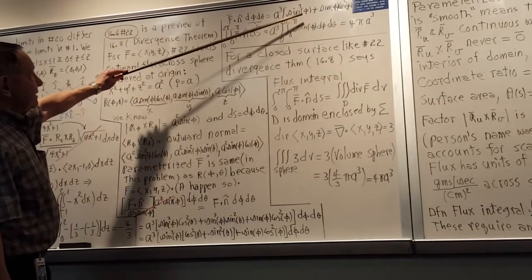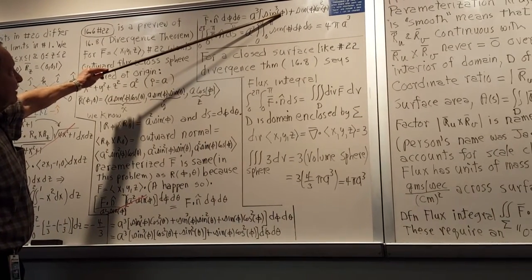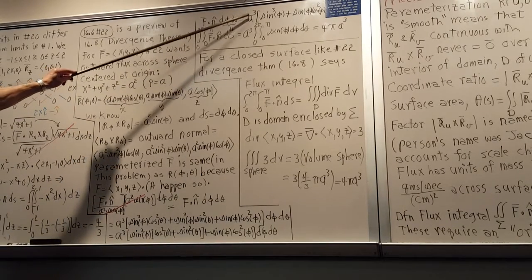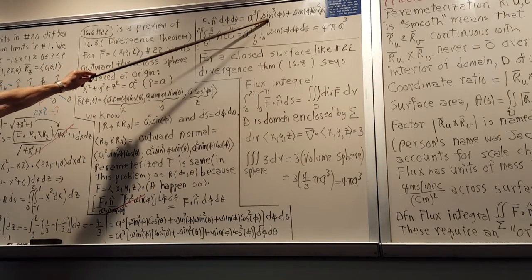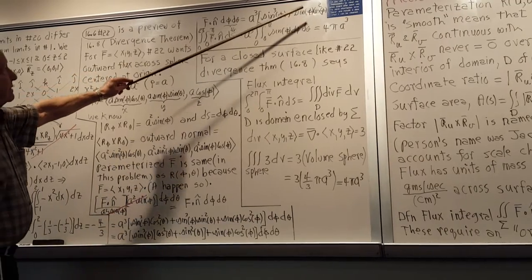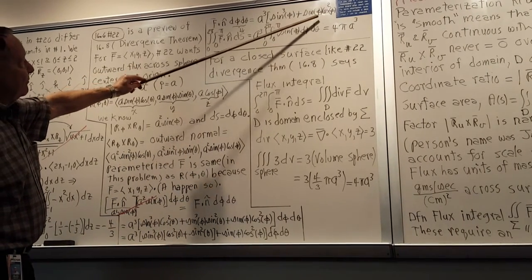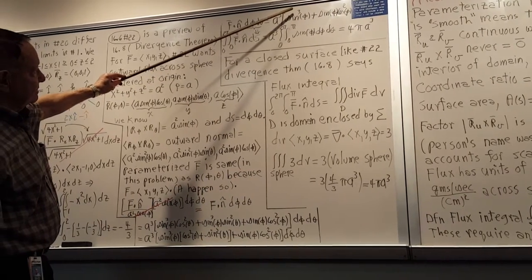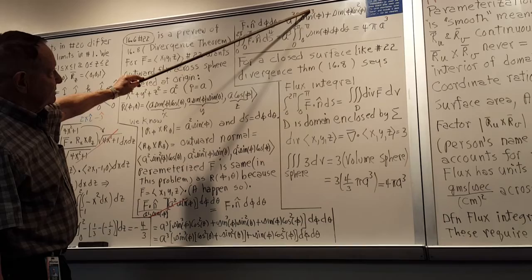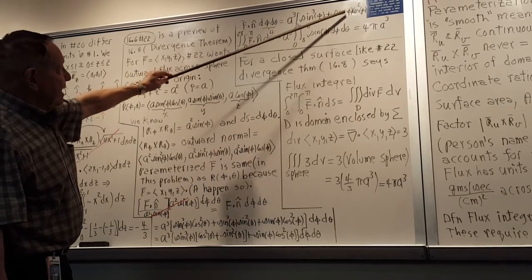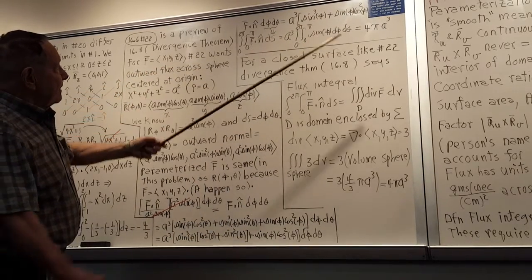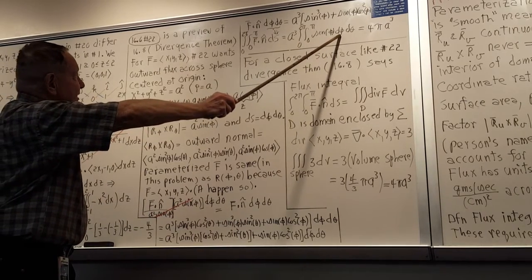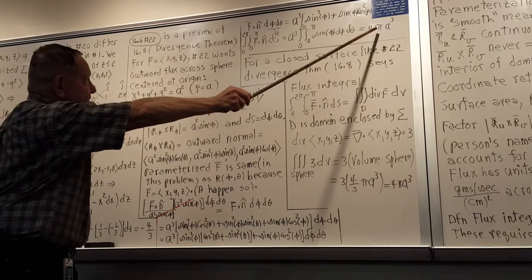So it collapses down like this. So your F dot n becomes a cubed, sine cubed here, sine phi, cosine squared, and then as I said, you write this as sine times sine squared and factor out the sine. And so finally, this is what you have left to integrate, and when you integrate that, you get 4 pi a cubed.